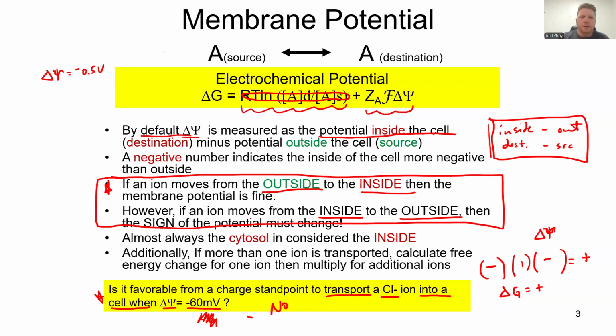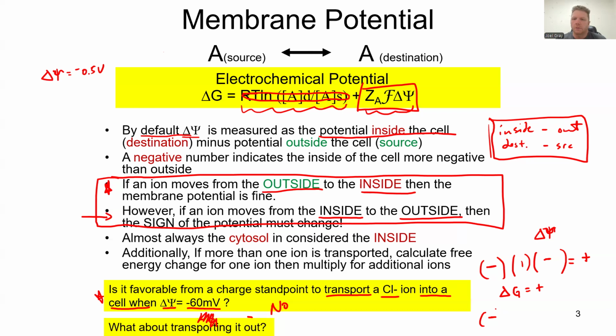So now if we think about this from the opposite perspective, well, what about transporting it out? Okay, so now we have to reflect on this. If an ion moves from the inside to the outside, then the sign of the potential must change. The charge of the ion does not. So effectively what we're doing is we're revisiting this part of our equation.